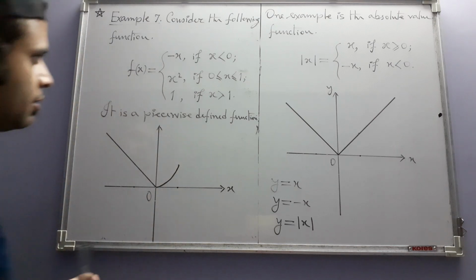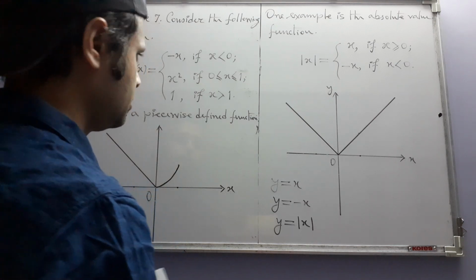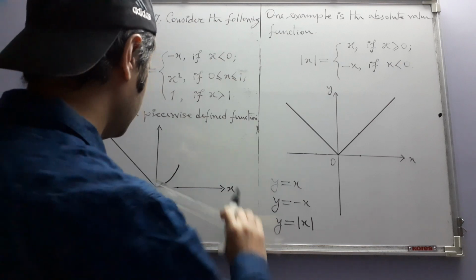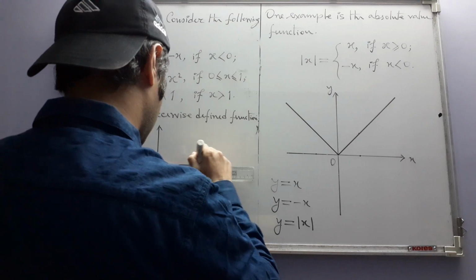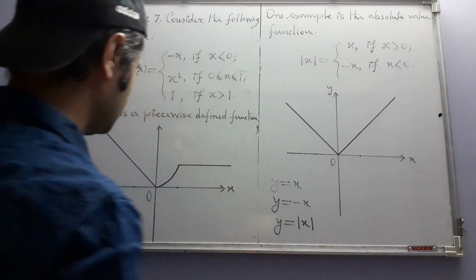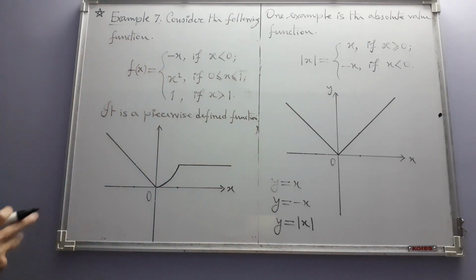And then after 1 the function is constantly 1. So this is how the entire graph looks.